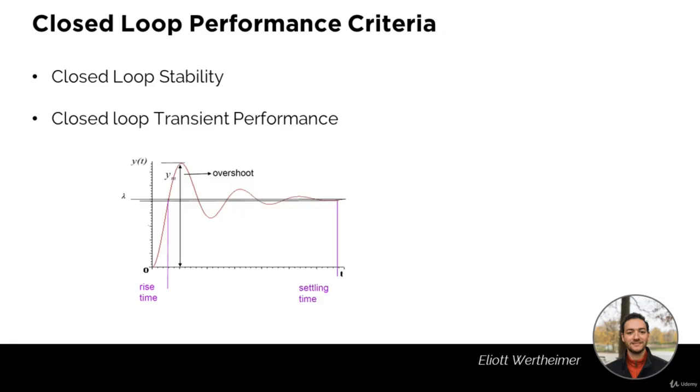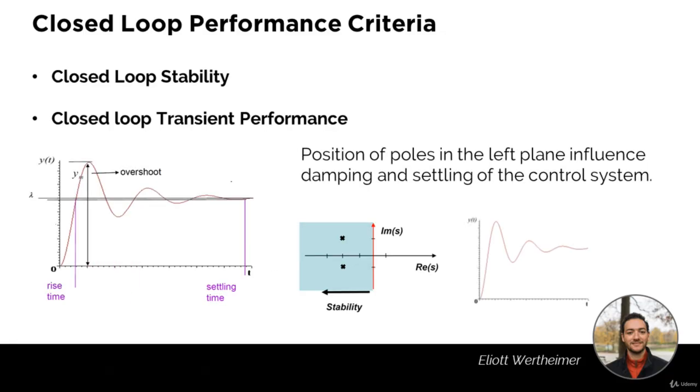We have the overshoot of the response, so how much does it go over our desired output. We also have the settling time, so how much time does the response take to settle and reach a steady state. The position of the poles of the transfer function of the system in the left plane actually influences the damping and settling time of the control system.